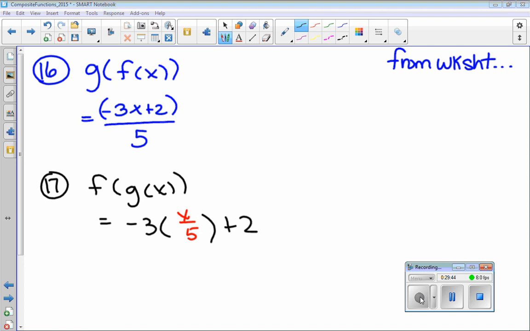I would accept this as your answer. There's nothing to FOIL. But isn't there something I can kind of distribute a little bit? Does the negative 3 go with the x, the 5, or both? Just the numerator. So it's just negative 3x over 5 plus 2. Done. Okay? No, I'm sorry, just at the end. Kind of looked like it went to the bottom there, didn't it? Plus 2. Okay?